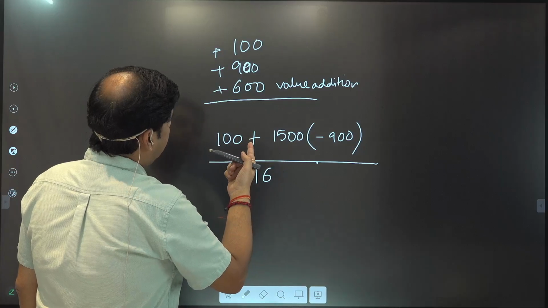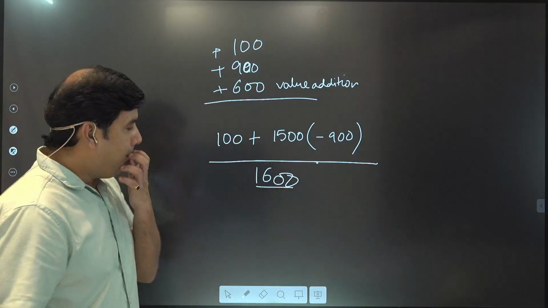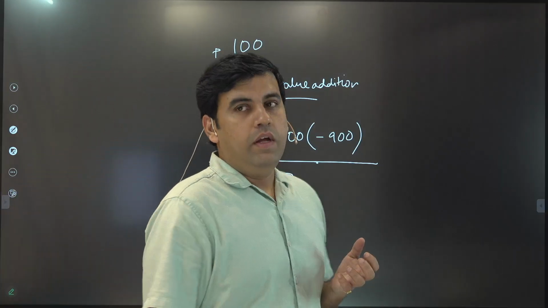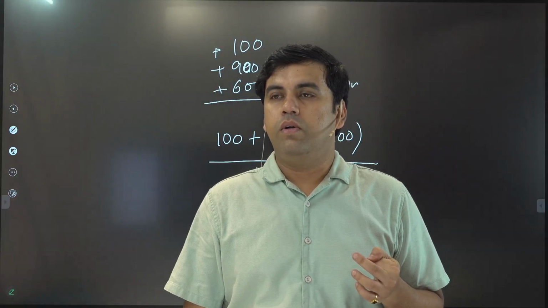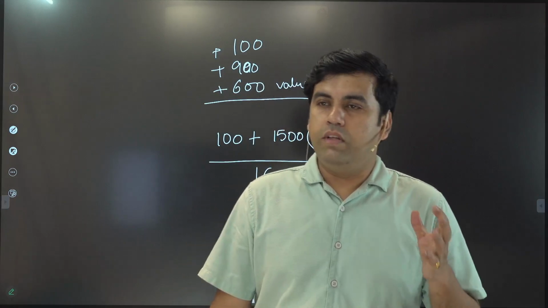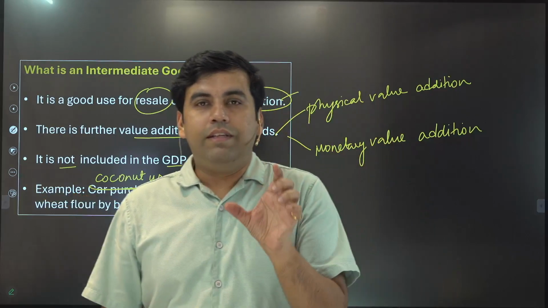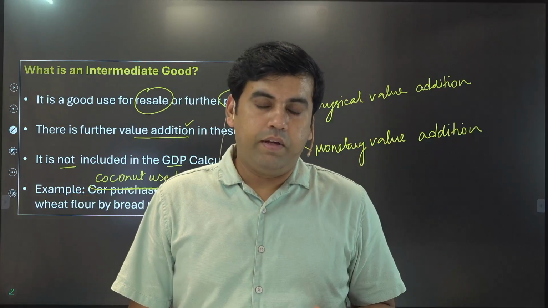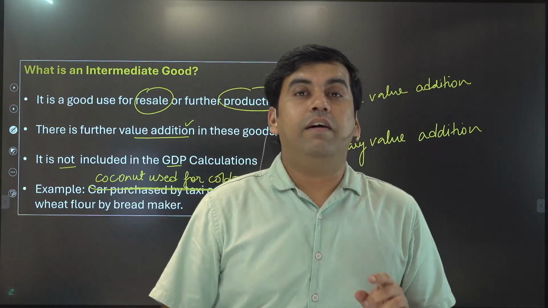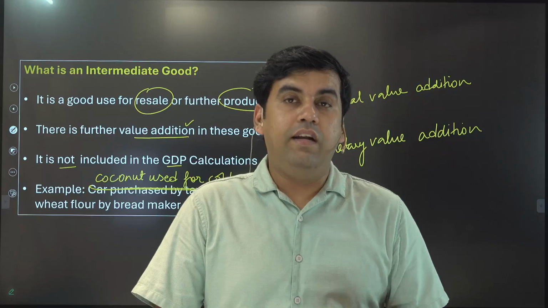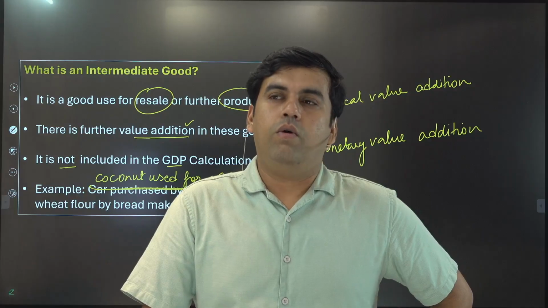So it is 1600 only. हाँ सही तो है, right? हाँ वो उतना ही आएगा. That will be the same. So this is the intermediate good. Their values are not included, because if they are included, they will give us double counting, and the exaggeration of the GDP will be there. We will have wrong numbers or wrong data.